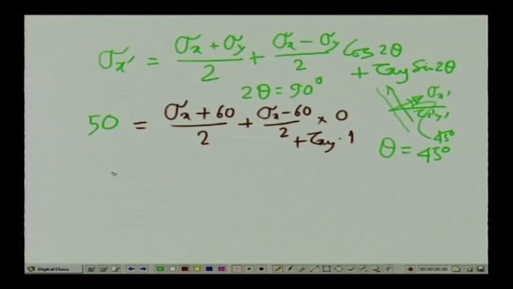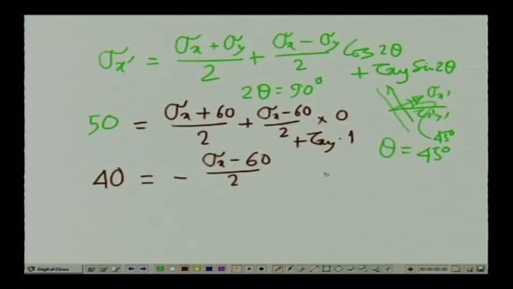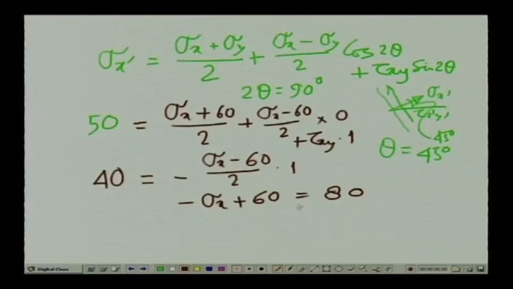The second equation is tau x dashed y dashed, which equals 40, equals minus (sigma x minus sigma y) by 2 sin 2 theta, which is 1, plus tau x y cos 2 theta, which is equal to 0. From this we get minus sigma x plus 60 is equal to 80, or sigma x is equal to minus 20 MPa.